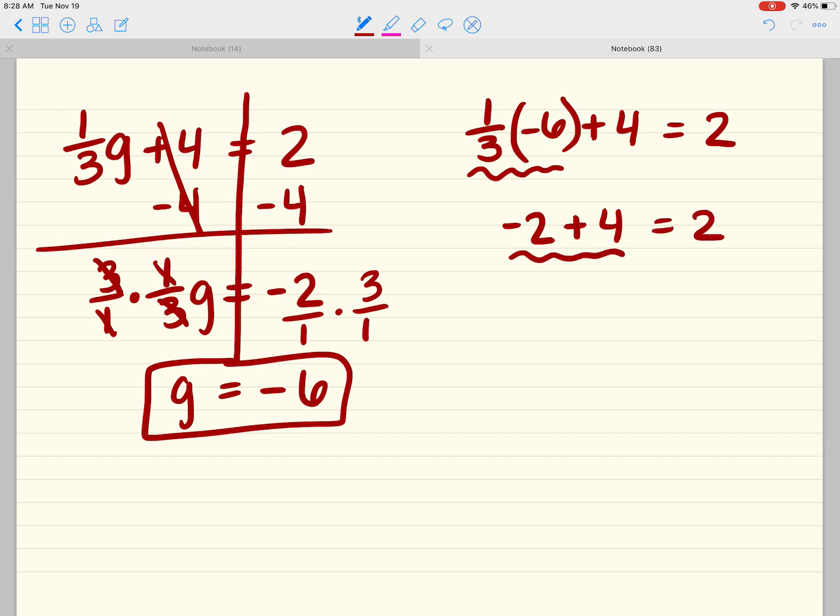What's negative 2 plus 4? Come on. Positive 2 or negative 2? Positive. Positive 2. Okay, we feel okay about those two?